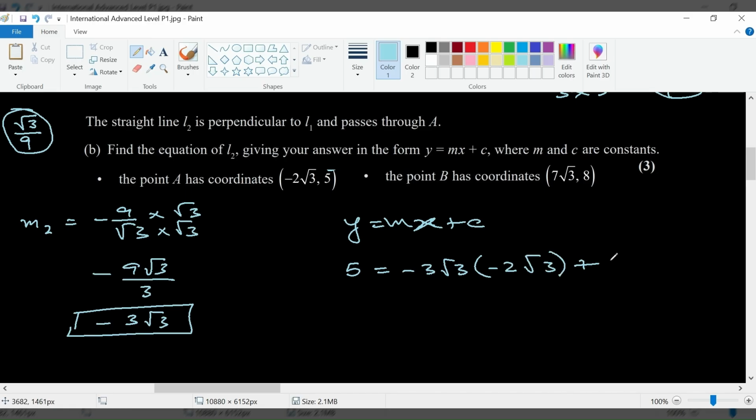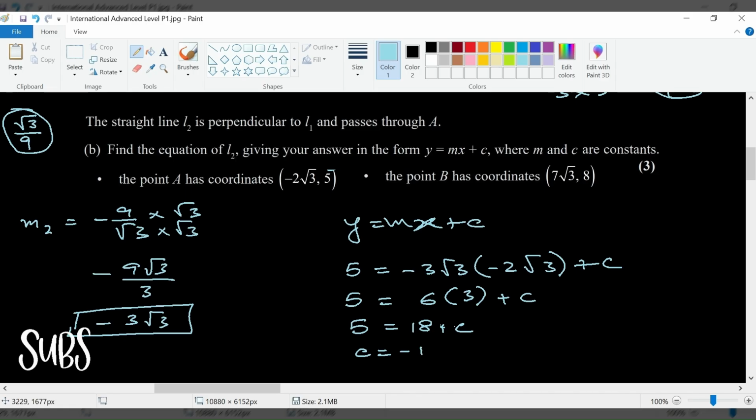That's how we can find the value of c. So 5 equals negative, negative is positive, 3 times 2 is 6, and root 3 times root 3 gives us 3, so this is multiplied by 3, plus c. Now this means that 5 equals 18 plus c. That means c is 5 minus 18, which is negative 13.